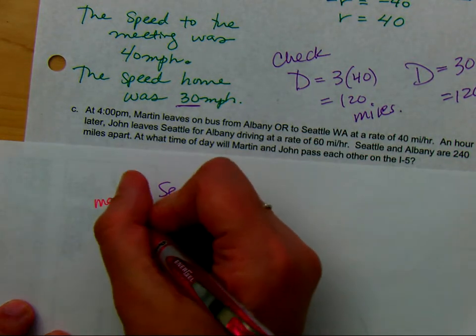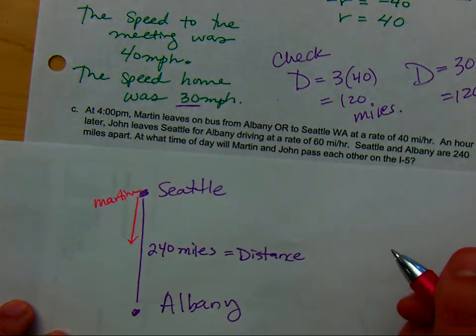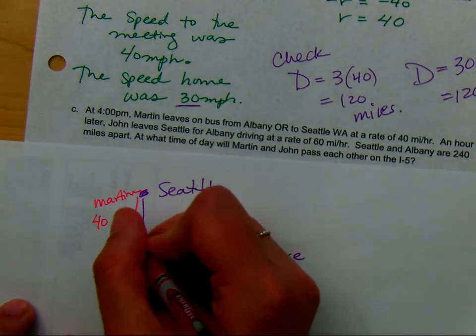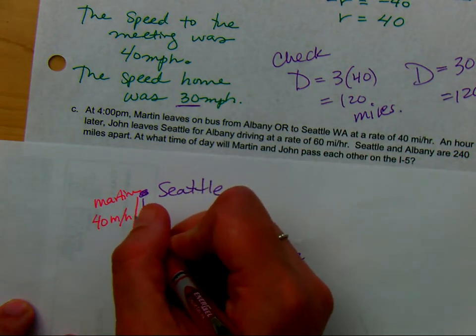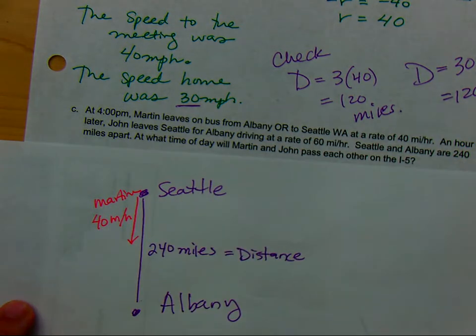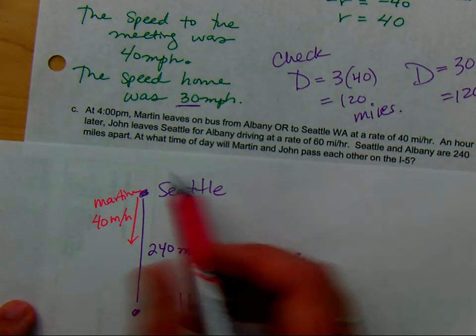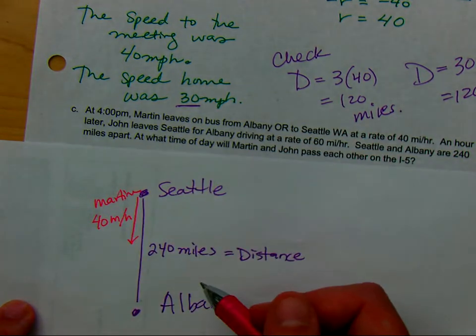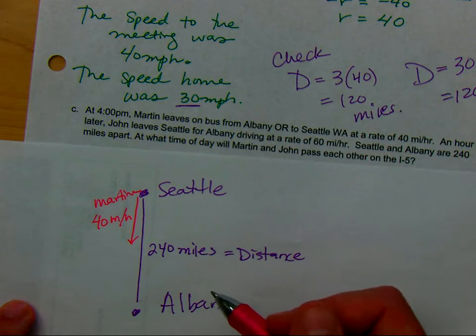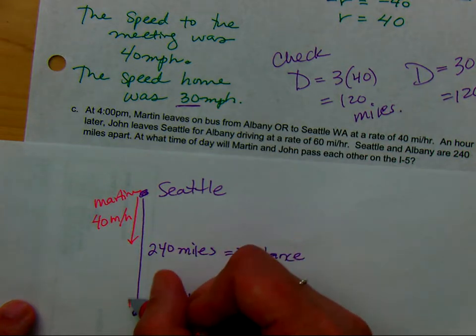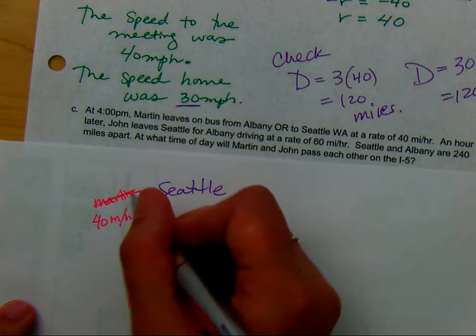So this is Martin, and Martin is going 40 miles per hour, mph, right? An hour later, John, oops, did I get it? Oh, I got it backwards, didn't I? Oops, you guys didn't correct me. Okay, actually, Martin was going from Albany to Seattle.